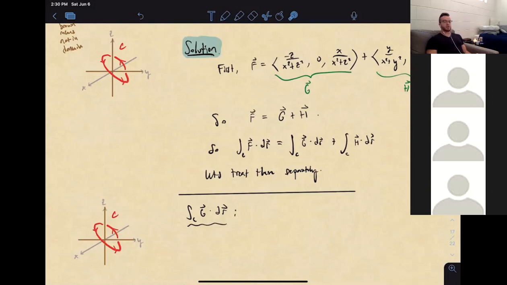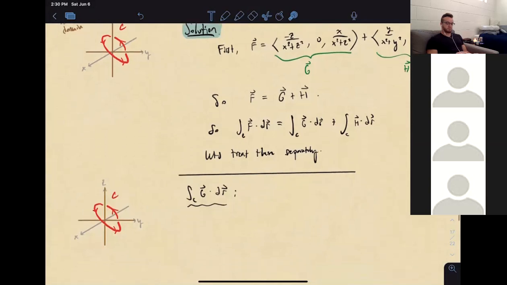So what do we know about G? So maybe here's a question.